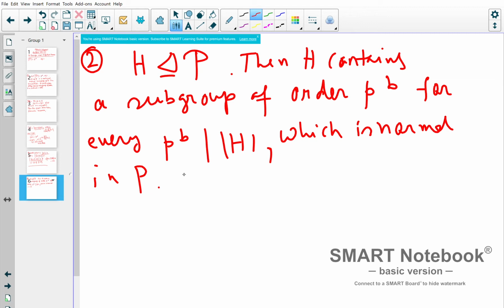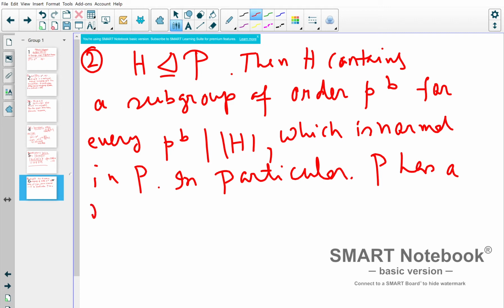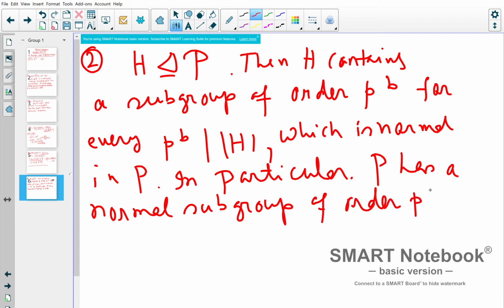So in particular, when you choose H equal to P, then what happens? Then in particular P has a normal subgroup of order p power b for every such b. So what does that mean?